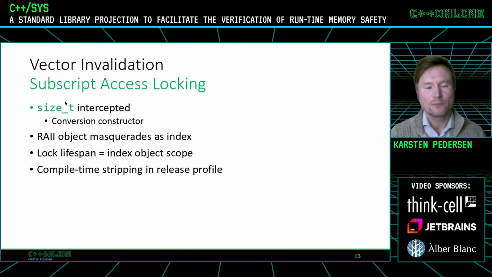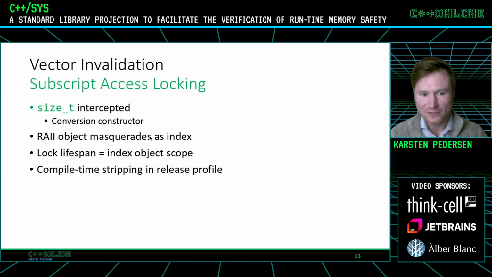So instead, the approach is to intercept the actual array position. So effectively, we pass in 0. Instead, we intercept that, and we use a conversion constructor to basically make this an object. I'll show you how that happens in a second. So this RAII object masquerades as the actual index, the integer, or the size_t.